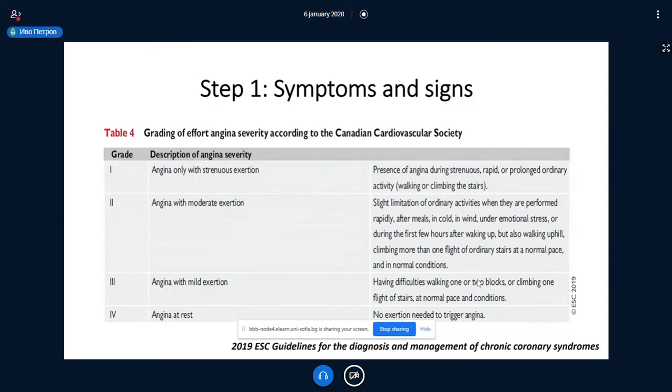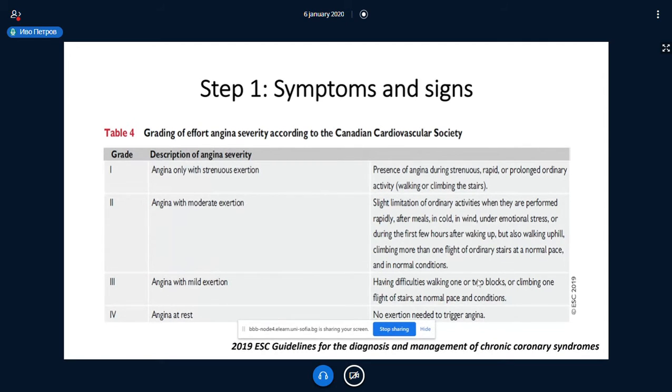The grading of effort angina, the chronic angina, is very important in order to decide if we can still medicate the patient in order to improve the functional class, to go from a high functional class to a low functional class without sending the patient for coronary angio, or in case there is a high class of angina even with medication. In this case, we are going to perform the non-invasive investigation, and finally we can perform coronary angio.